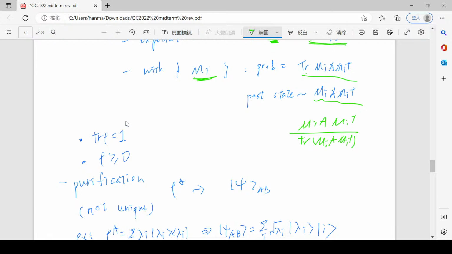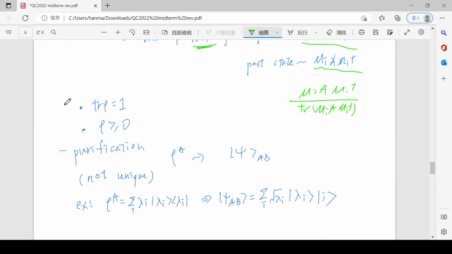And just as we said, all density matrices need to satisfy those two conditions. Its normalization is its trace, so the trace should be equal to 1 if you want to have a proper density matrix. And also the density matrix should be positive semi-definite, so we write it as rho bigger or equal to 0.